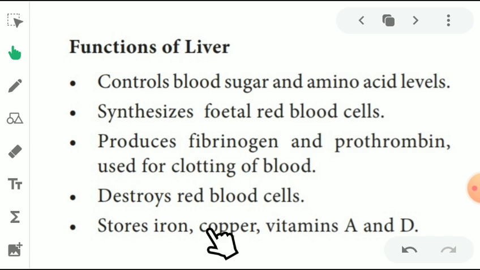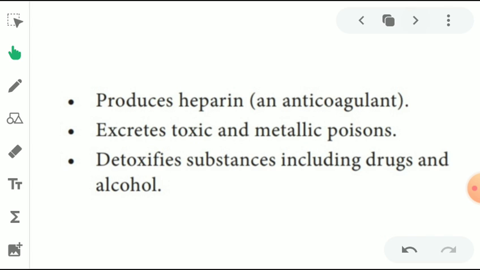Liver stores iron, copper, and vitamins A and D. Produces heparin. Heparin is an anticoagulant, produced by the liver. The blood always stays liquid and streaming in the blood vessels with the help of heparin. Detoxification: whenever we take some drugs or alcohol, they are detoxified by the liver.